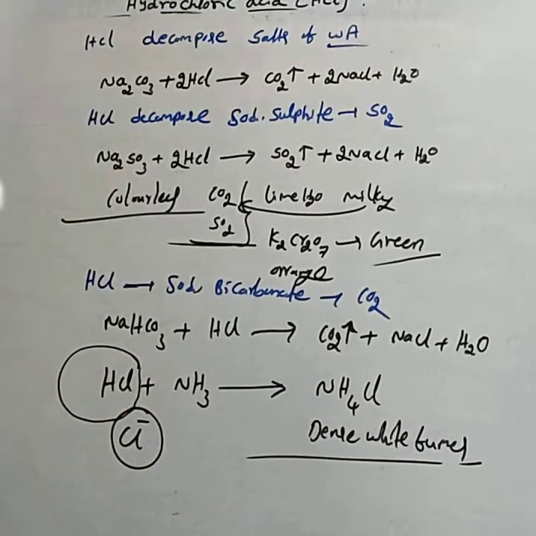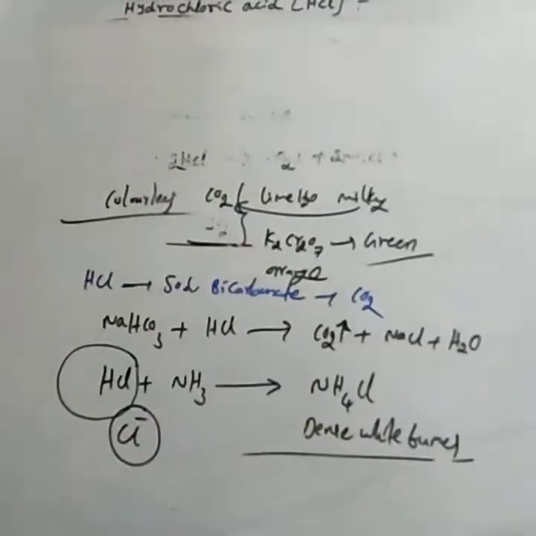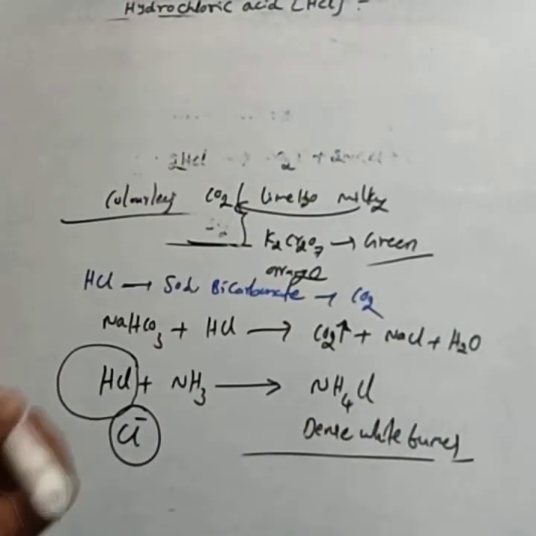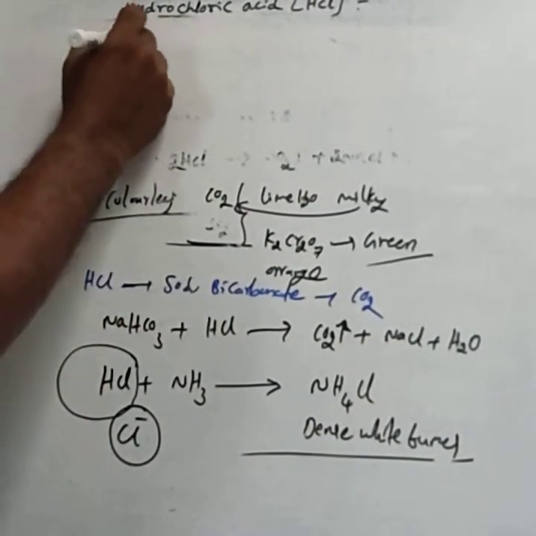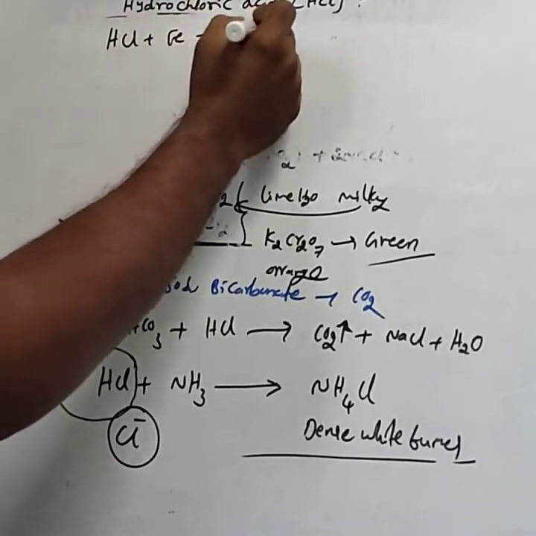These are all important. This HCl reacts with ammonia, and dense white fumes of ammonium chloride are formed. Then HCl reacts with one more very important one. HCl reacts with iron. We get only ferrous chloride.